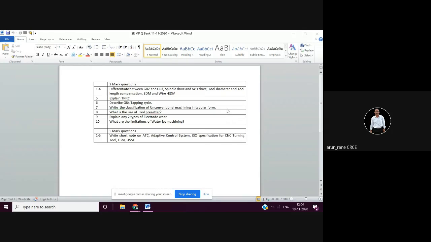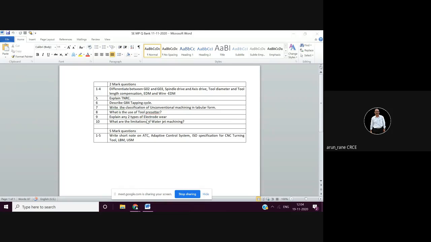Feed, you write say 100, and then you have to explain that in G84 the feed depends upon the... this sentence has to come in the G84 tapping cycle. The feed depends on the pitch of the thread and the RPM of the machine spindle.